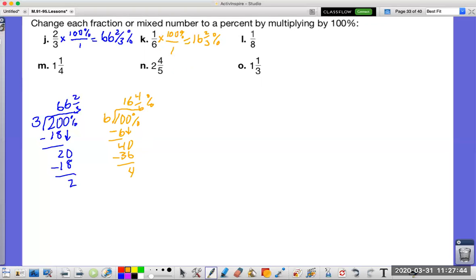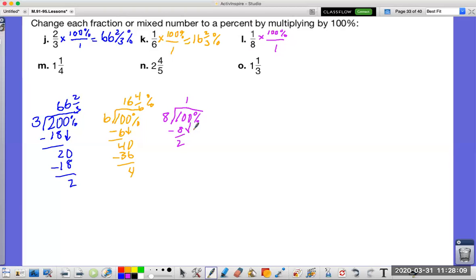What about 1/8? Well, 1/8, again, we just multiply it by 100% over 1. And that's the same as 100% in the numerator divided by 8 in the denominator. So that looks like this. 100% divided by 8. 8 will go into 10 one time.